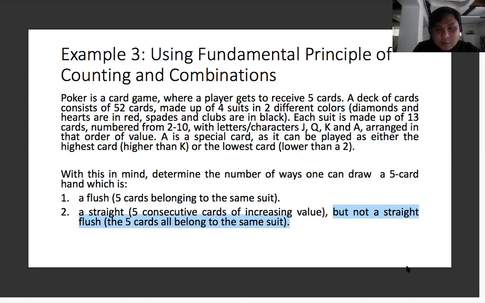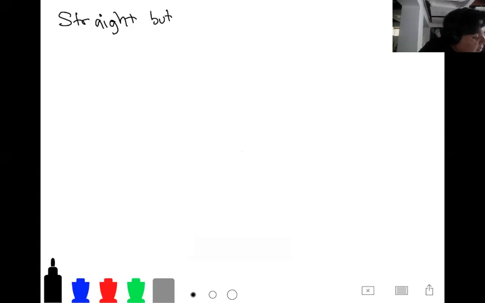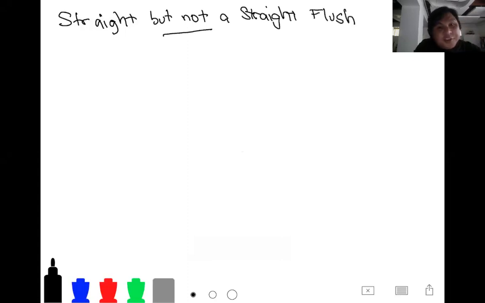So back to my whiteboard. We are looking for a straight, but not a straight flush. Let's underline that, but not. First, we need to figure out what are the possible combinations for getting a straight.